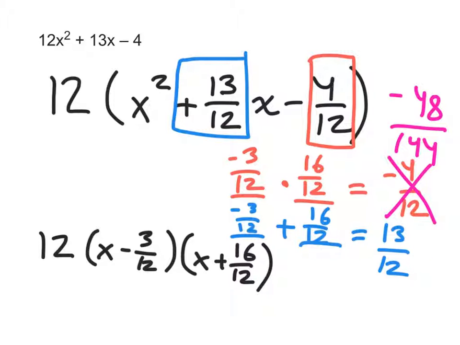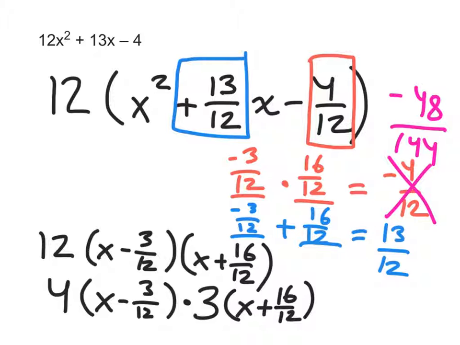All I'm going to do now is just distribute the 12 back into this to get rid of the fractions. And as you'll notice, in order to get some nice whole numbers, I just multiply 4 to the first factor, and I multiply 3 to the second factor. So there's my 4 times 3 that I can put back together to make 12.